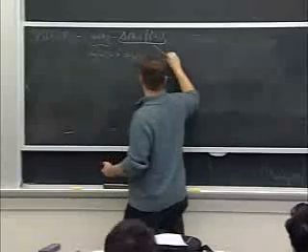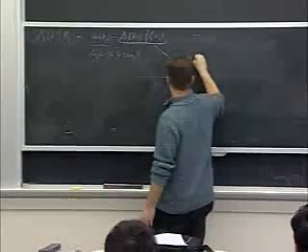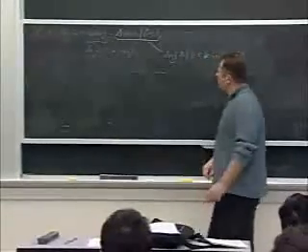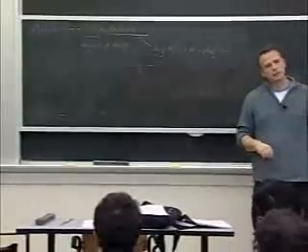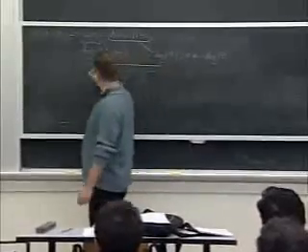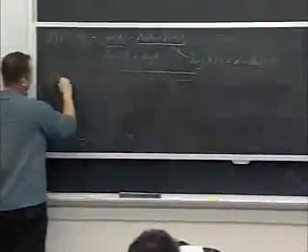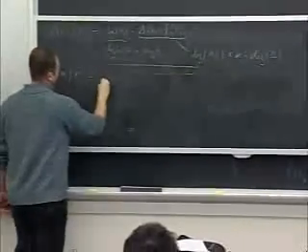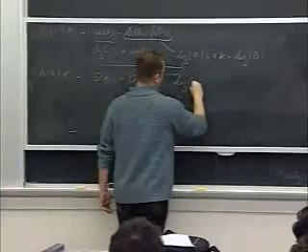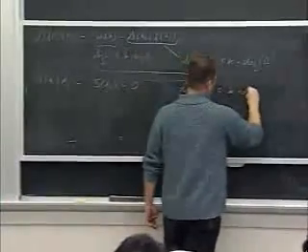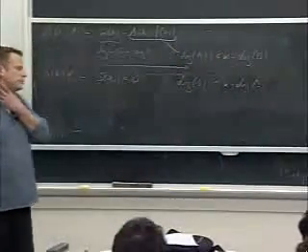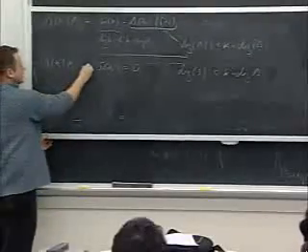Let's call this whole thing S. We know S is 0 for degree less than degree lambda. Okay.